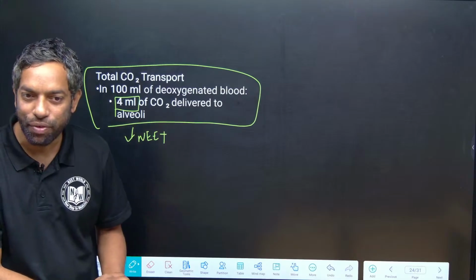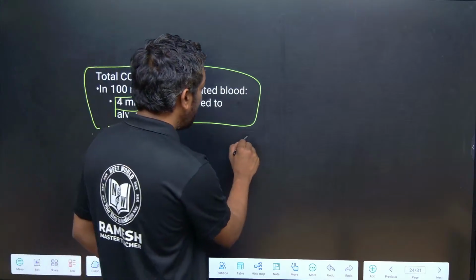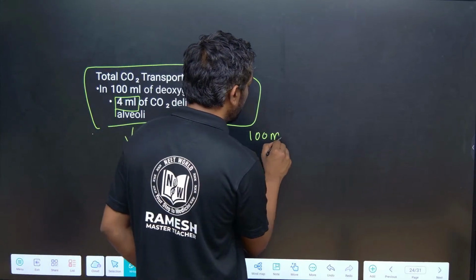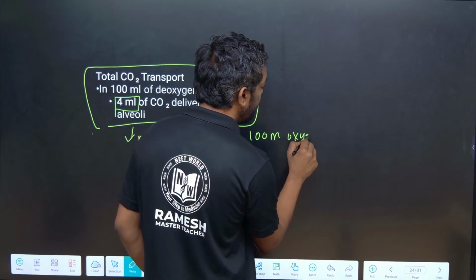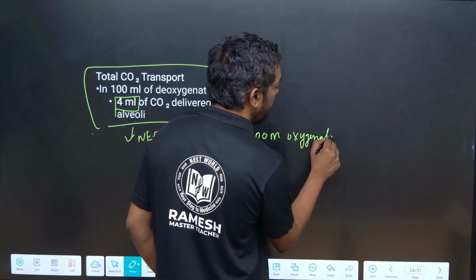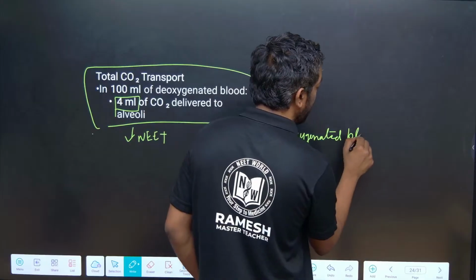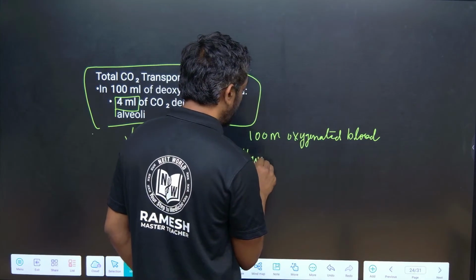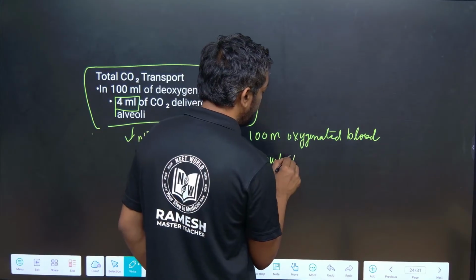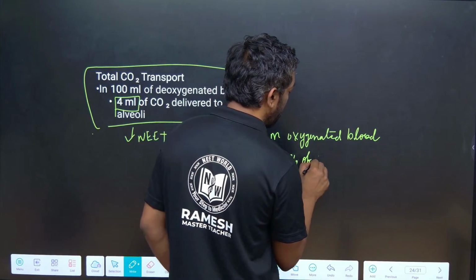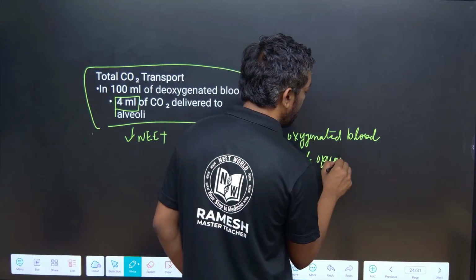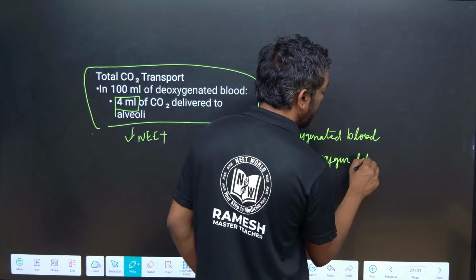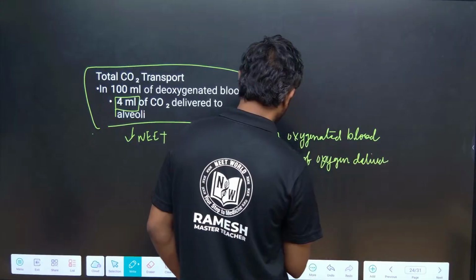But in 100 ml of oxygenated blood, how much percentage of oxygen is delivered in the tissue?